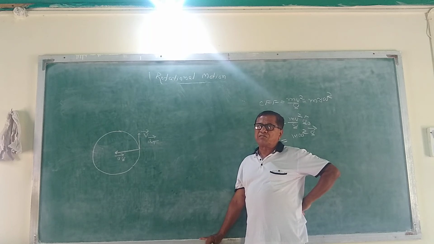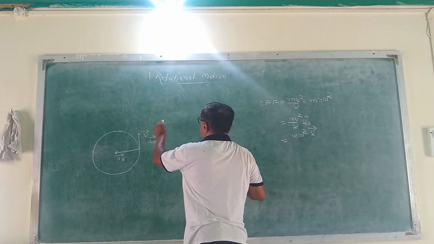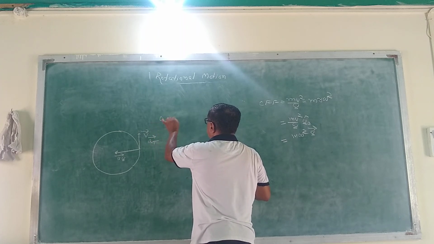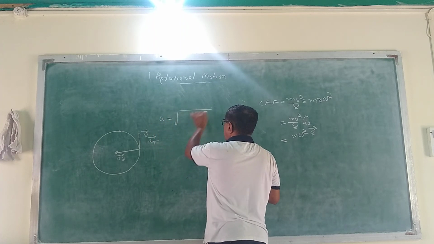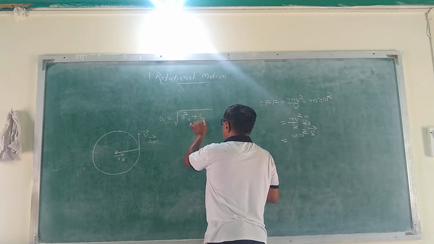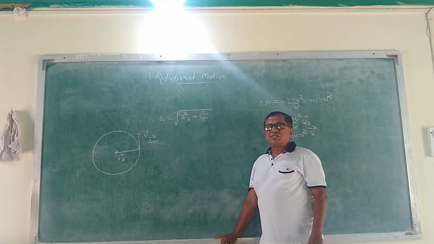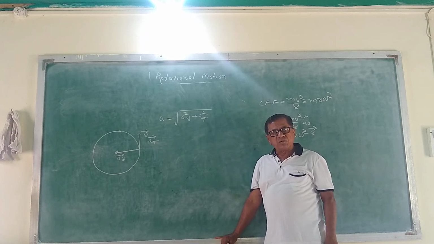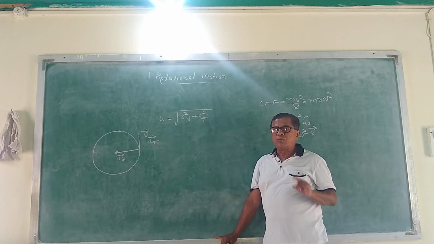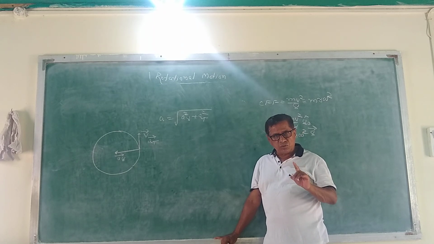The resultant acceleration in the case of the non-uniform circular motion is given as A is equal to square root of AR square plus AT square. This is the resultant acceleration for the non-uniform circular motion. For the uniform circular motion, AT is equal to 0.